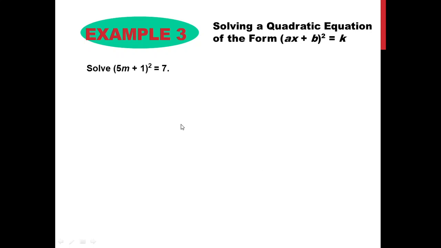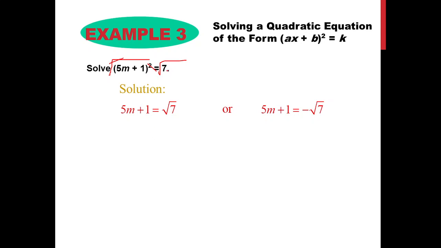Another example. You have the quantity 5m plus 1 squared is equal to 7. Again, extracting the root on both sides. This will eliminate the exponent and the radical sign, leaving us with the two values now.